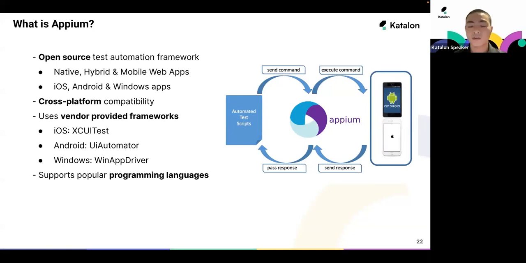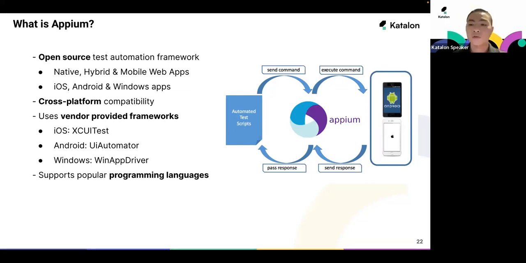It also supports cross-platform compatibility of applications, websites, or systems to function effectively across different operating systems, browsers, or other devices. It also provides frameworks like XCUITest for iOS, UI Automator for Android, and WinAppDriver for Windows.